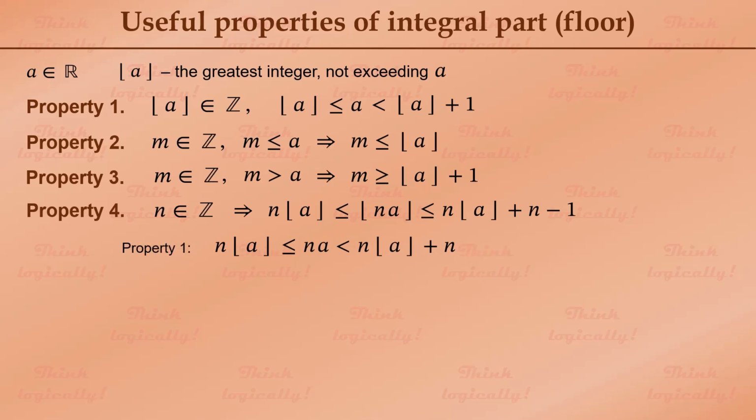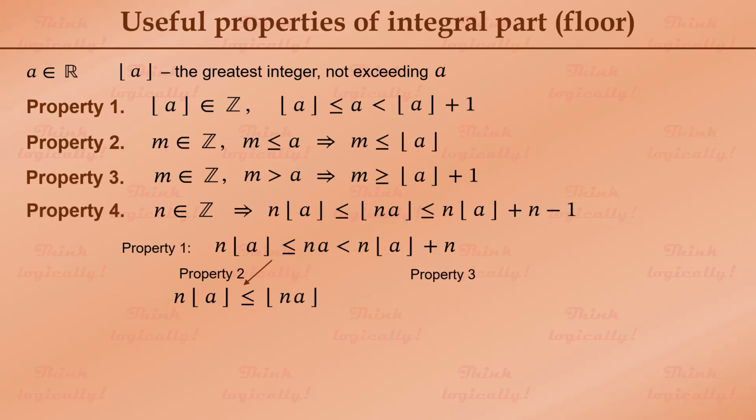Next, we apply property 2 to the left part of the obtained inequality. The left-hand side, n times integral part of a, is an integer, which doesn't exceed n times a. Therefore, according to property 2, the left-hand side must not exceed the integral part of n times a.